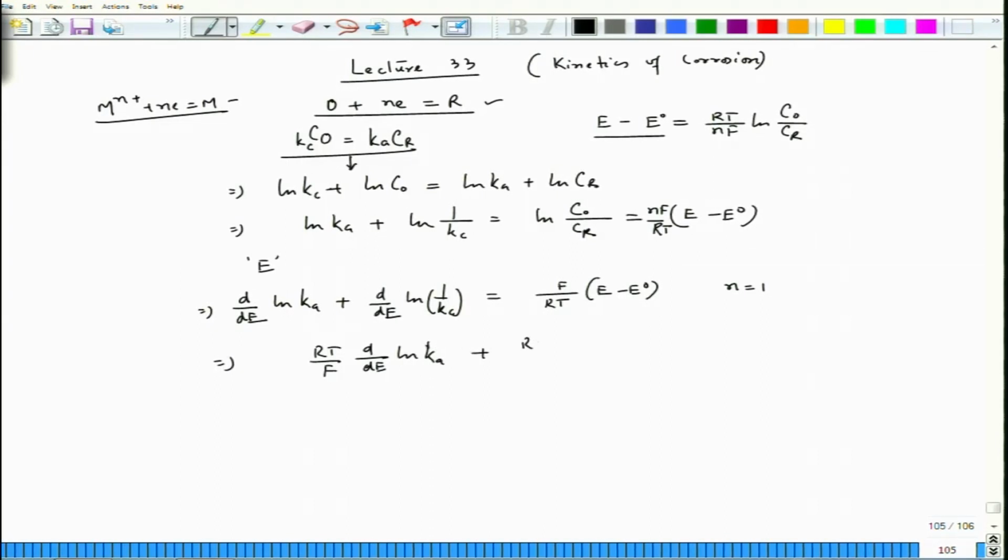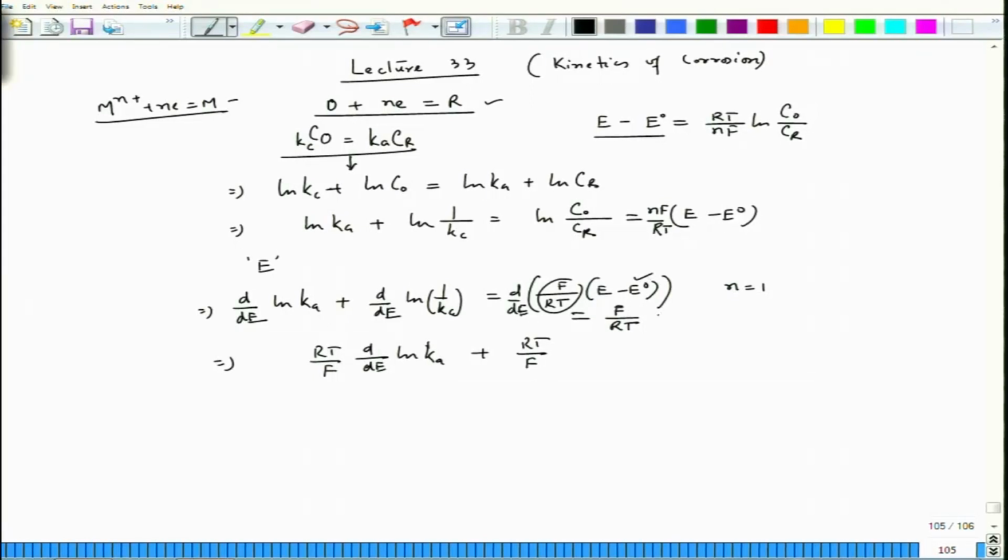plus RT by F, and on this side, when we are doing d by dE, this is constant so it will go out. This reaction is taking place at a constant temperature, and F is 1 Faraday, which is constant.